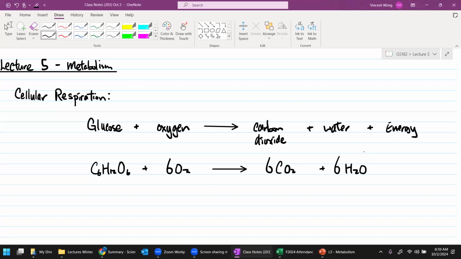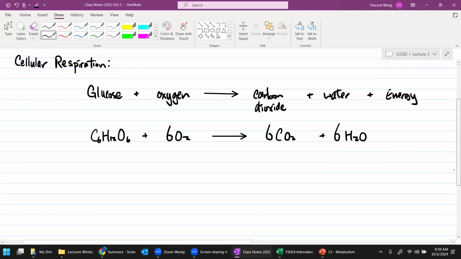And finally, we have 6 oxygen plus 12 oxygen, that's 18. And then we have 12 plus 6, which is 18. So now we have a balanced chemical equation where the number of atoms are the same on both sides of the equation. Okay? Once again, I need you to memorize this equation in the balanced form for your tests.